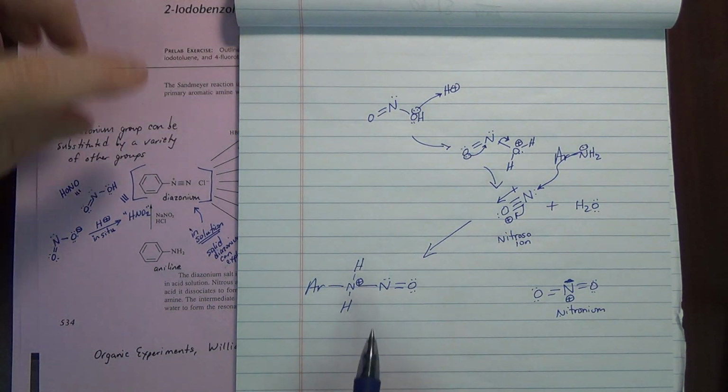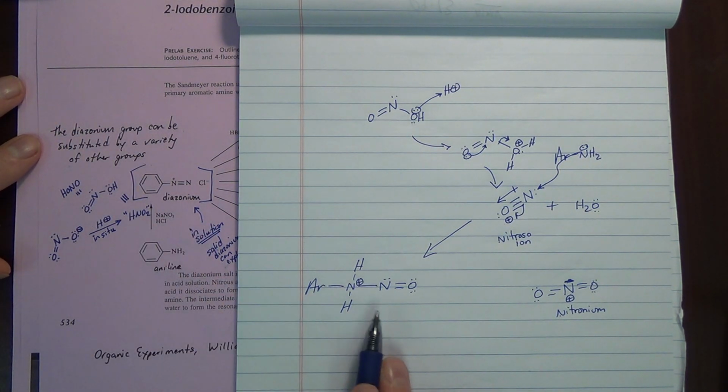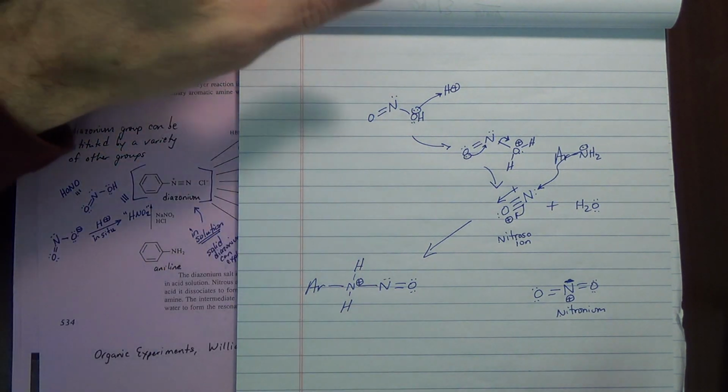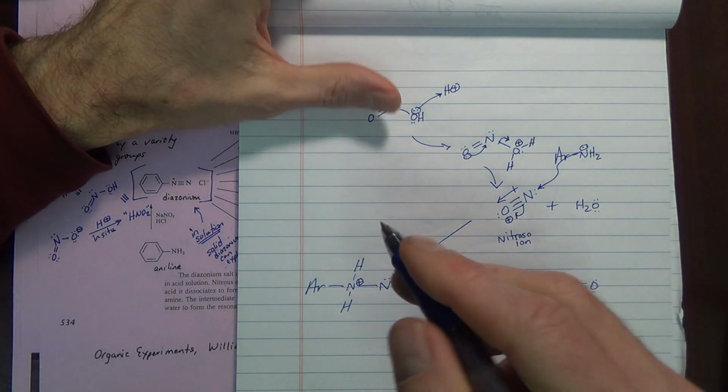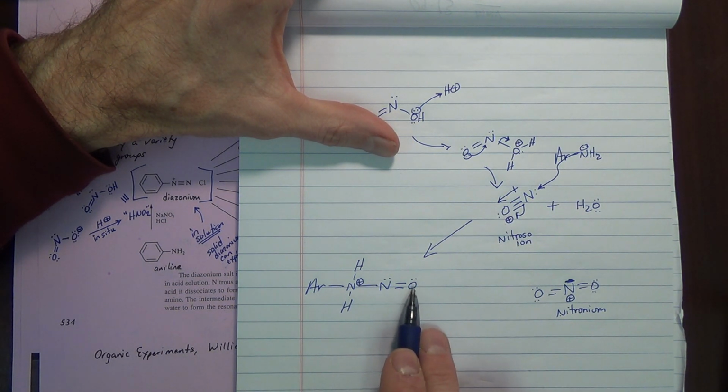And we see, ultimately, we're making a nitrogen-nitrogen triple bond. We start with a nitrogen-nitrogen single bond. All right. At this point, this oxygen is ultimately going to leave. How do you make oxygen a better leaving group? Protonate it, make it positive.